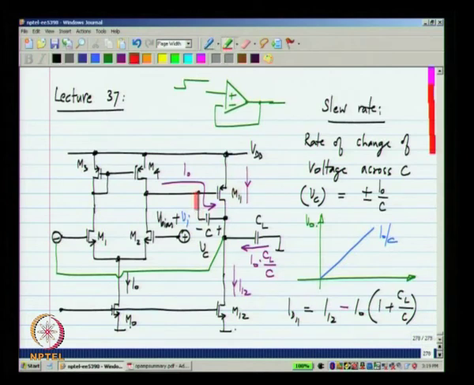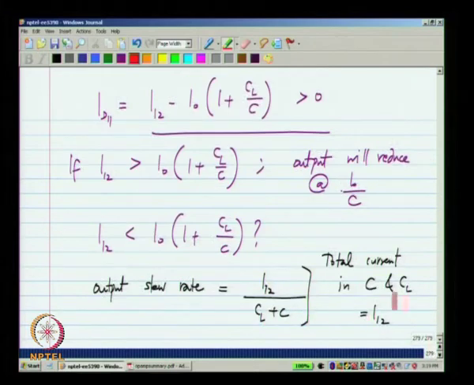When this cuts off, some current is flowing there and some current is flowing there, and the sum of the two equals I12. If that happens, then the rate of change of the output will be I12 divided by CL plus C.